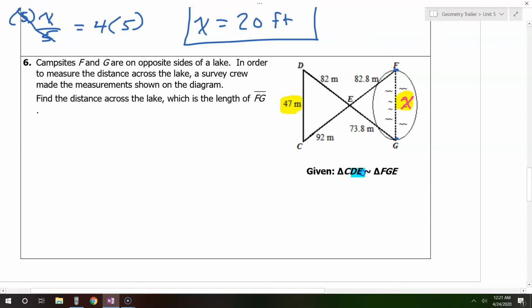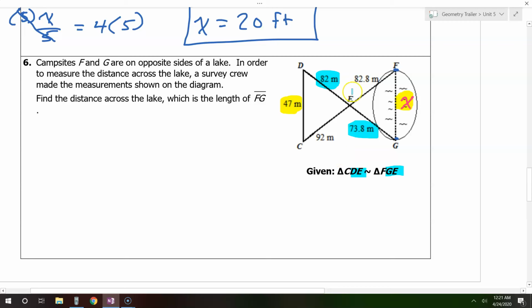Okay, look at DE. DE is right here, and that's going to correspond with GE, which is right here. So those are corresponding. And really, this is all the information I need to solve the problem.